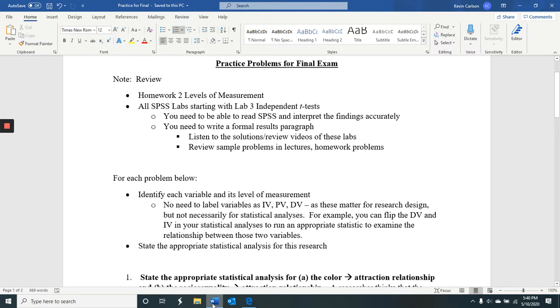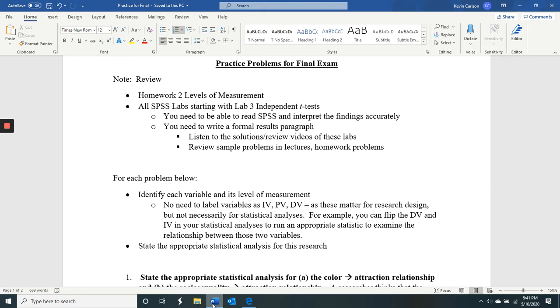And so basically for the final exam, there's going to be two types of problems. One type of problem is where you have to look at some sort of research and one, identify the levels of measurements for each variable. And then two, state what the appropriate statistic is to look at the relationships between those two variables in the study.